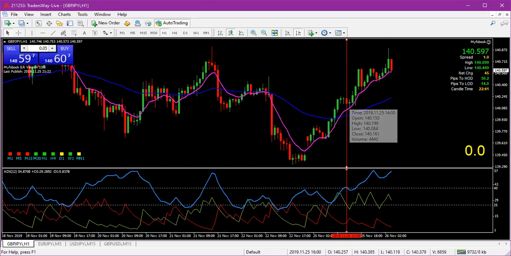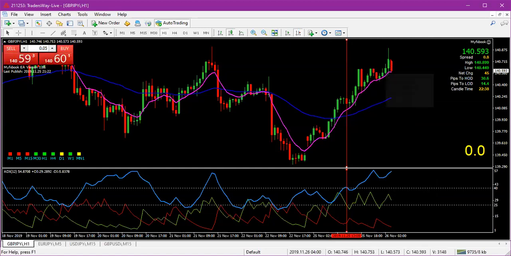What I want to say is, in between this doji and this candle here, count how many green candles there are and how many red candles there are. Let me see, I got 1, 2, 3, 4, 5, 6, 7, 8, 9, 10, 11 green candles, and I have 1, 2, 3 red candles.